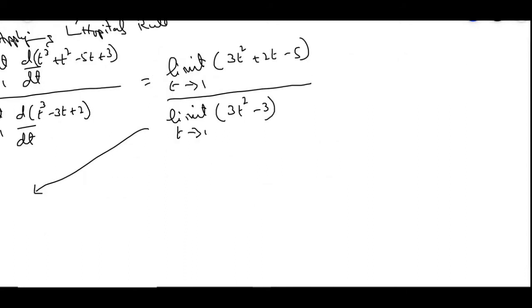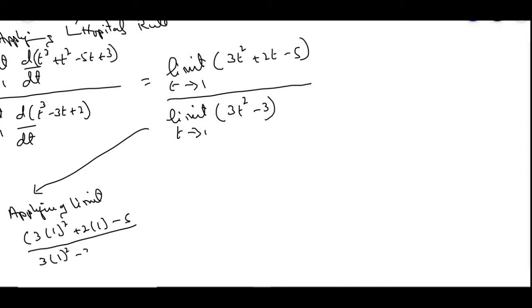Now applying limit, we have 3 times 1 whole square plus 2 times 1 minus 5 whole divided by 3 times 1 square minus 3, which is 3 plus 2 minus 5 whole divided by 3 minus 3. So again it is 0 by 0 form. So we are going to apply L'Hopital rule again.